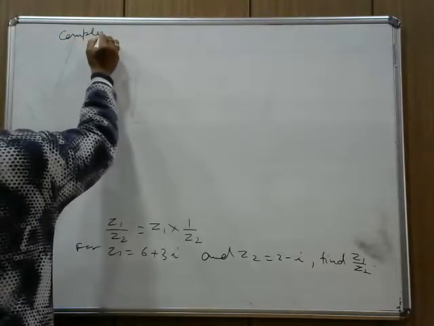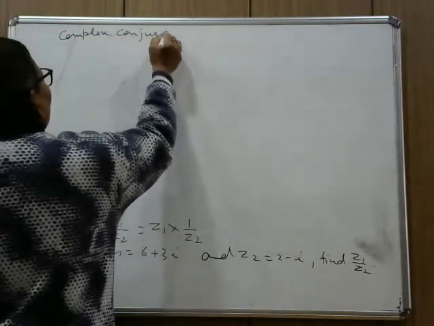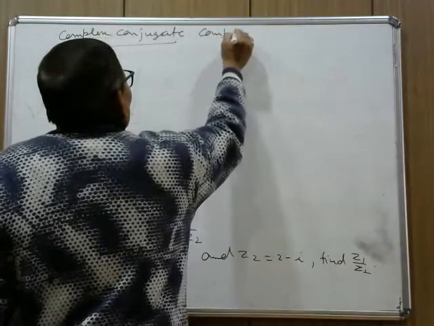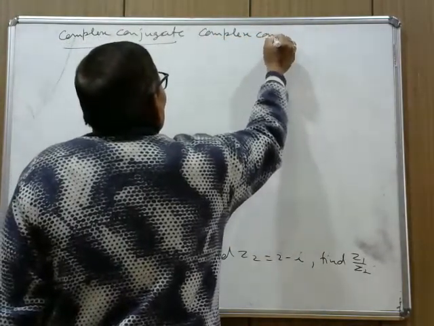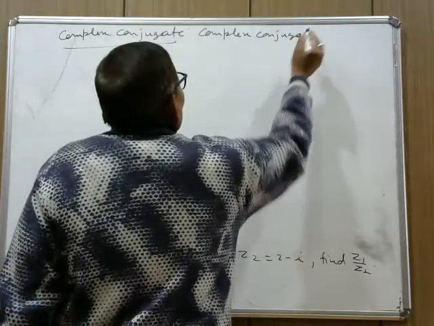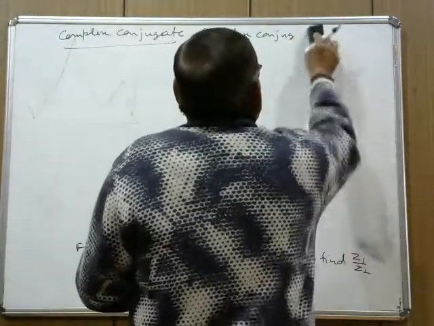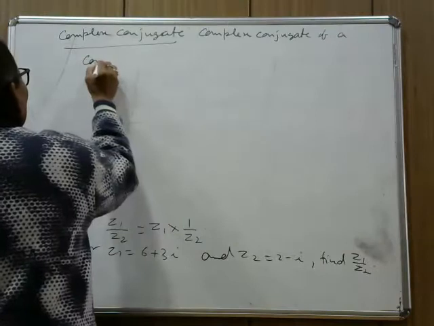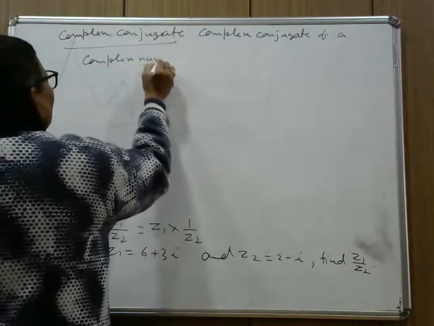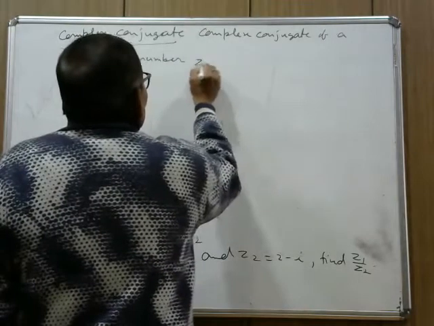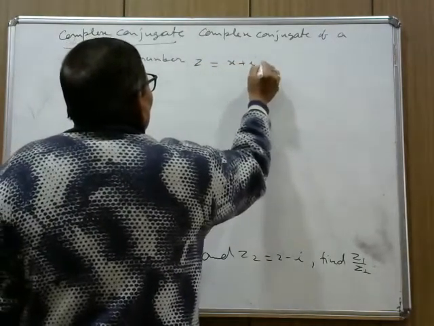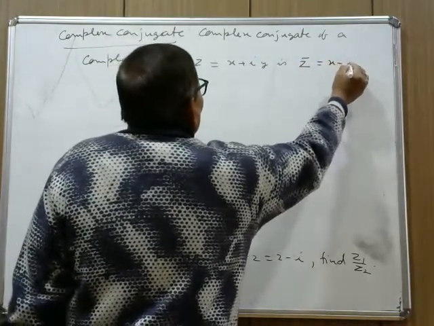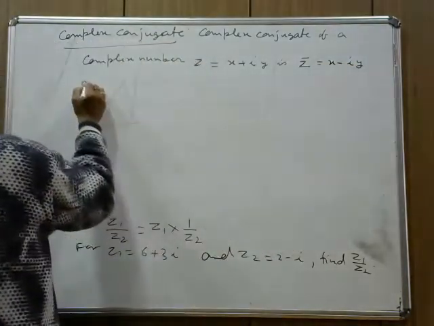The complex conjugate of a complex number z equal to x plus iy is z bar equal to x minus iy, and vice versa.